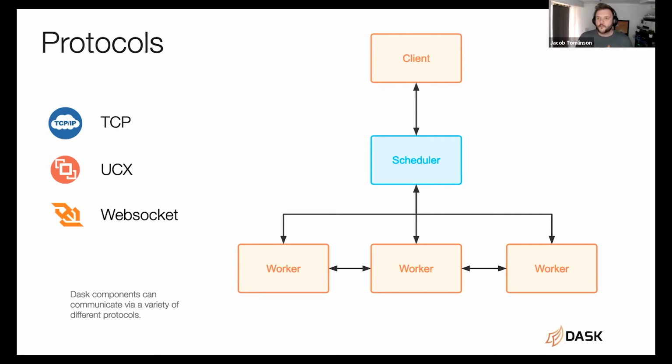But UCX can upgrade your network connection. It will inspect what setup you have and then say, oh, there's actually an InfiniBand connection between these two machines, and that's going to be much faster than a TCP Ethernet connection. So I'm going to upgrade to using InfiniBand, and things will go faster. That's really great.